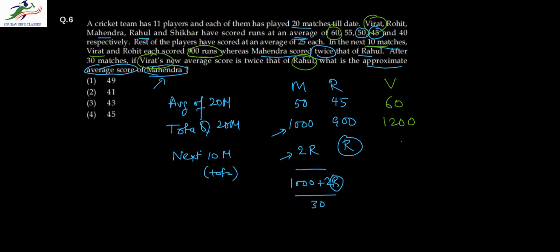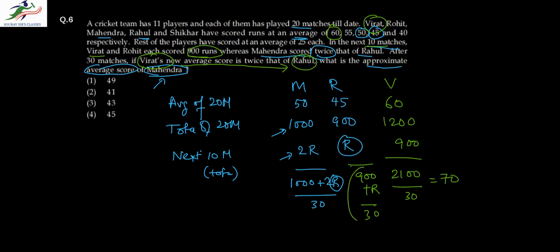So Virat scored 900. So his total becomes 2100 in 30 matches. So his average becomes 2100 by 30, which is 70. And then it is told Virat's new average is twice that of Rahul. So therefore, Rahul's average after 30 matches would be 900 plus R by 30.